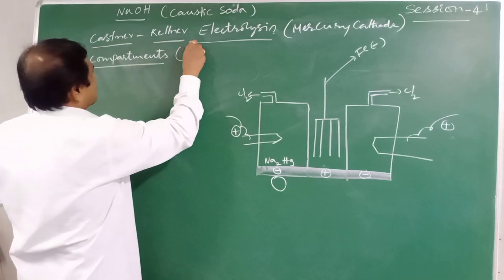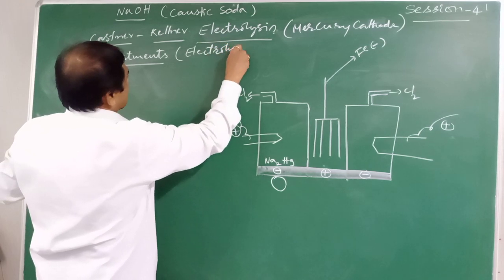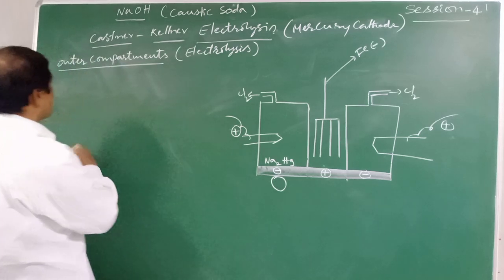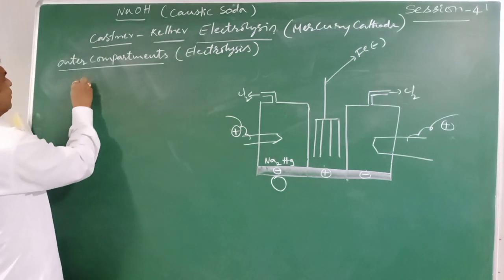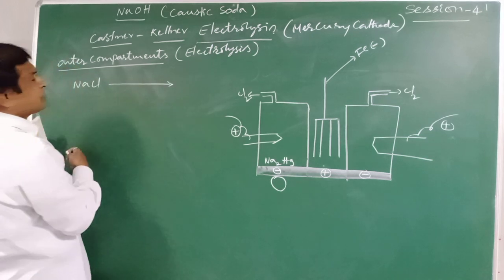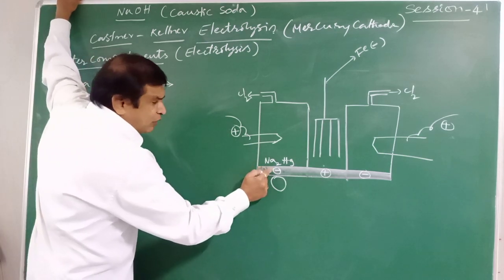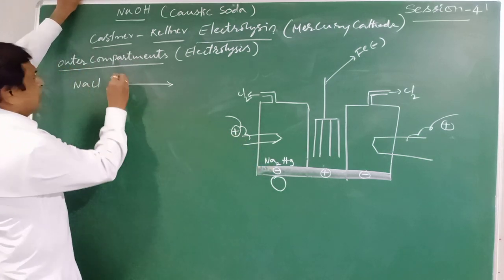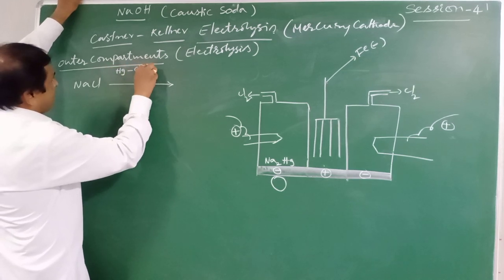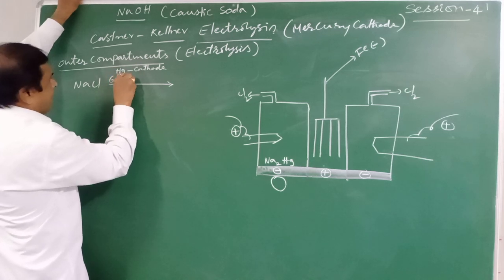It is the electrolysis process. That is, brine solution is electrolyzed in presence of mercury cathode and graphite anode.